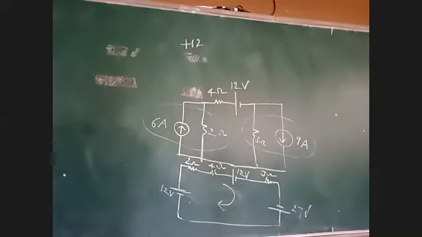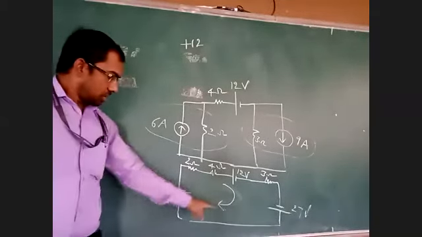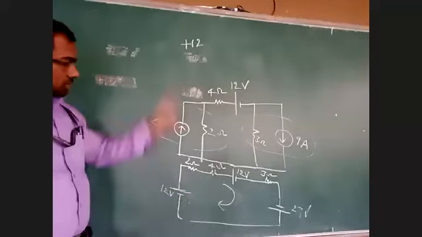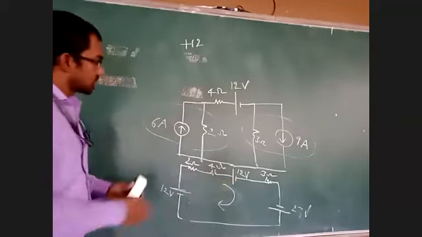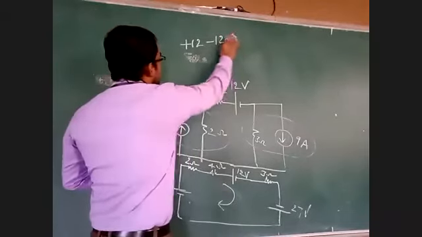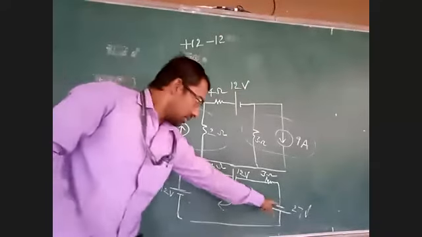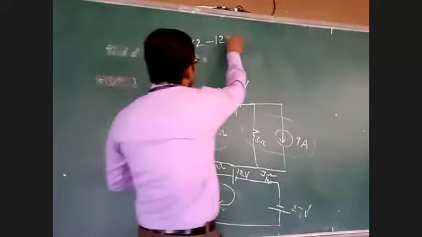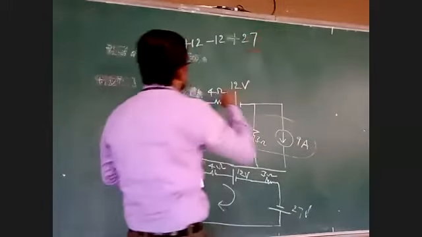See here, the arrow is moving from minus to plus, plus 12 volts; plus to minus, minus 12 volts; minus to plus, plus 27.